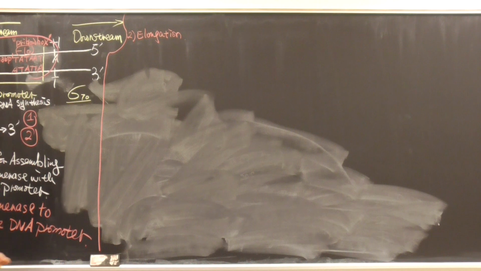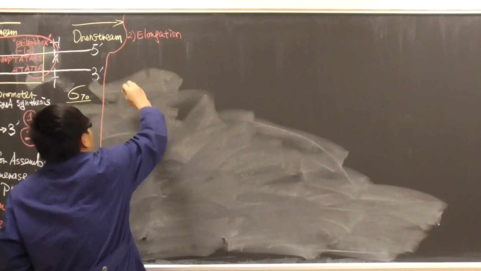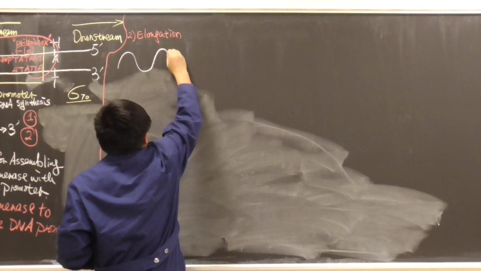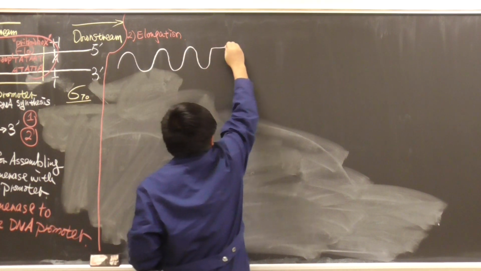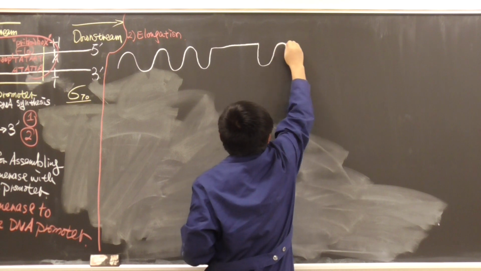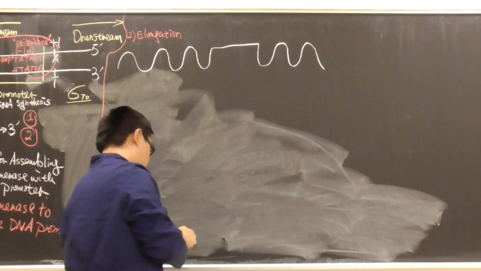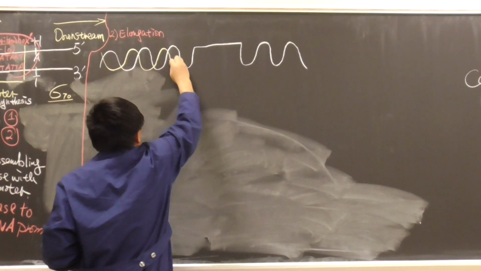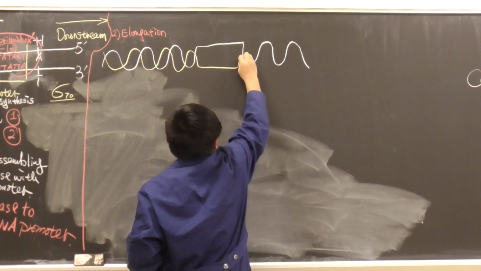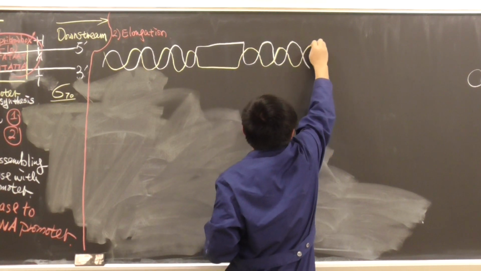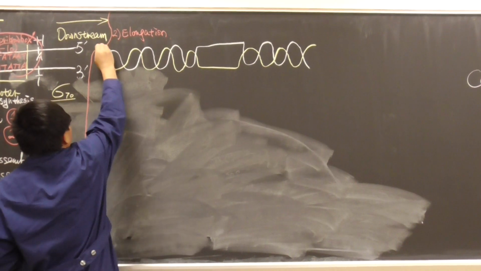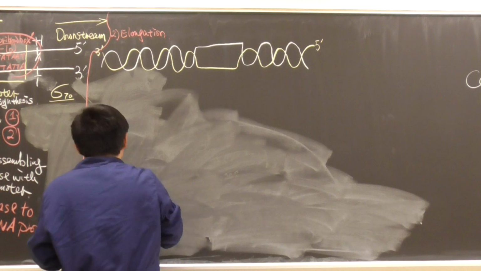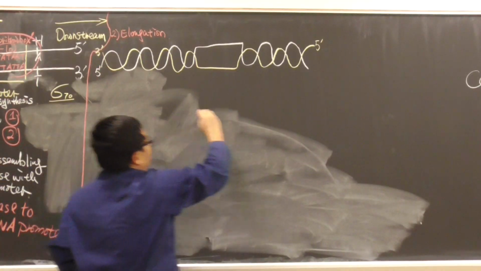Okay, what's the elongation going to look like? Now let's draw a beautiful picture. Okay, one strand of DNA, let's say 3' to 5'. Another one, 5' to 3'.